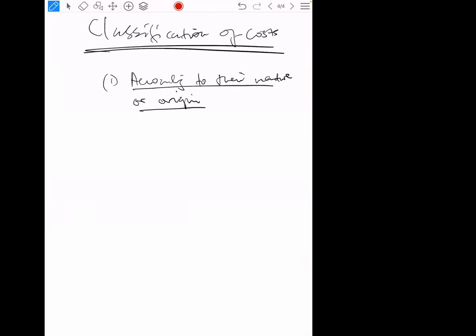Right, now what do we mean by nature or origin? Origin, these are the roots. If these costs emanate from the factory, the management accountant is going to say these are manufacturing costs. Because in the factory, what happens? It's manufacturing. Remember how I said the management accountant views an entity.